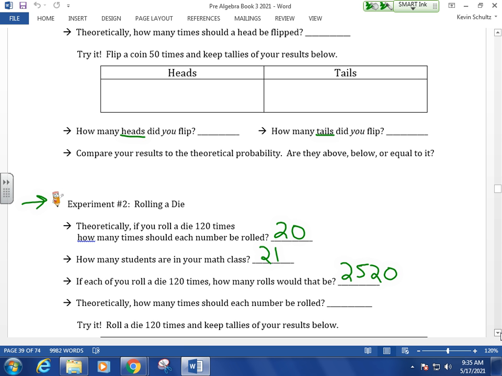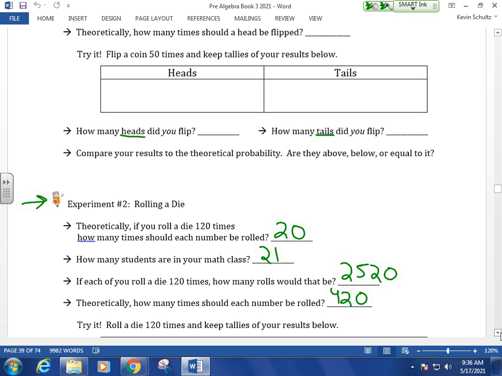No. Theoretically, how many times should each number be rolled? If there are 2,520 total rolls, divide that by 6. Theoretically, each number should come up exactly 420 times. Do you think that is actually going to happen? Probably not, but we shall see how close we get.